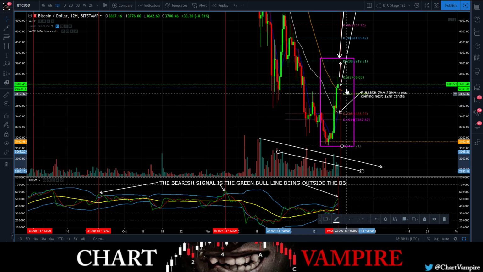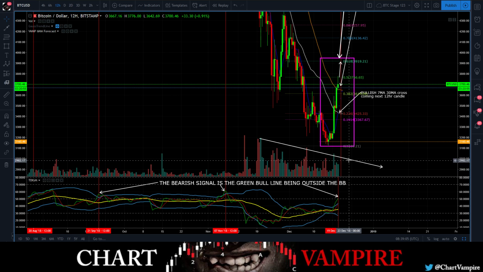We did get this big run up here, but it was on a smaller volume profile, which in the bigger picture is bearish divergence. We're running up here with less volume. So this is bearish as this trend goes.